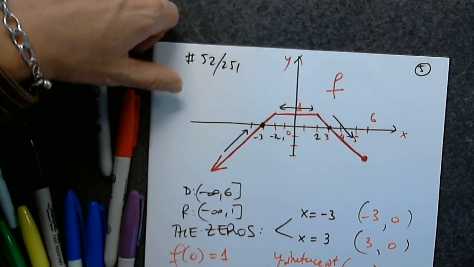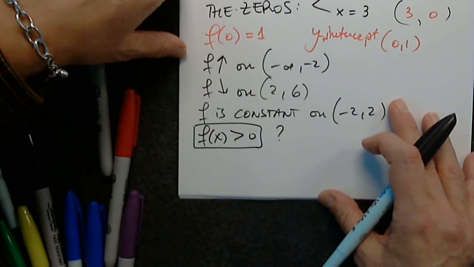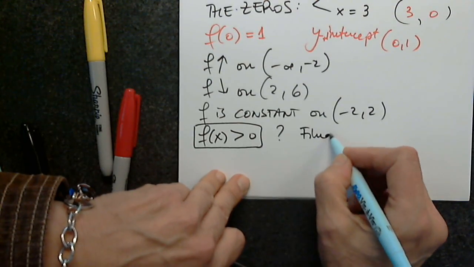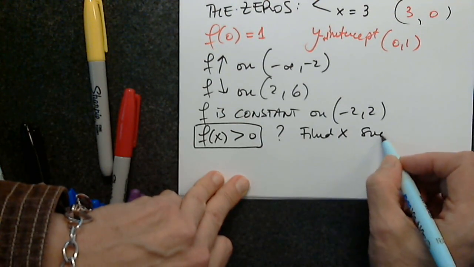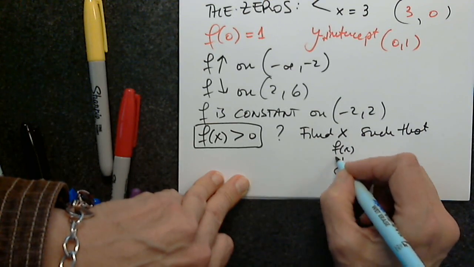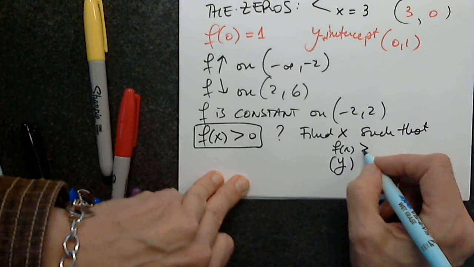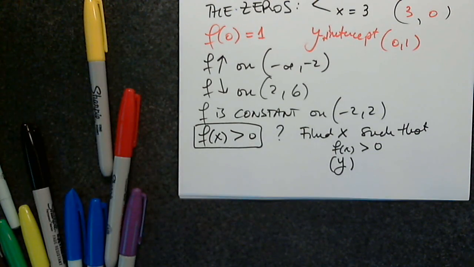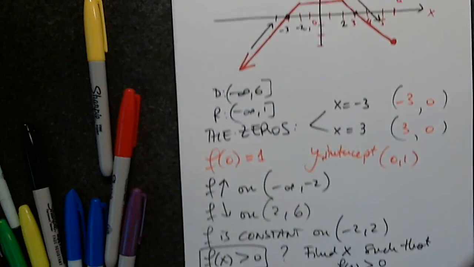So now, knowing this, I can answer my question. The question was, find x such that f of x, which means y, is strictly positive, not equal to 0, but strictly positive. So now let's look at the graph again.